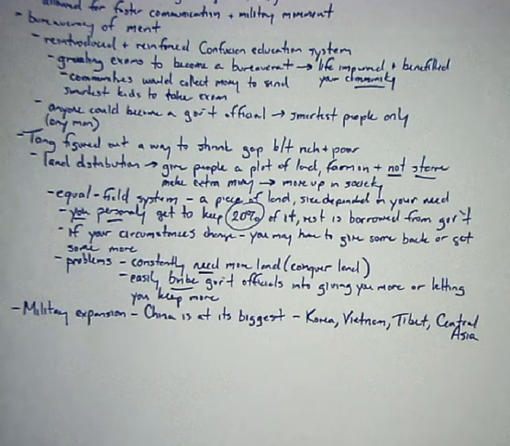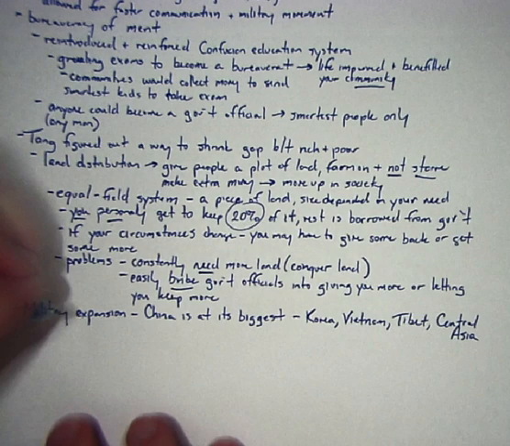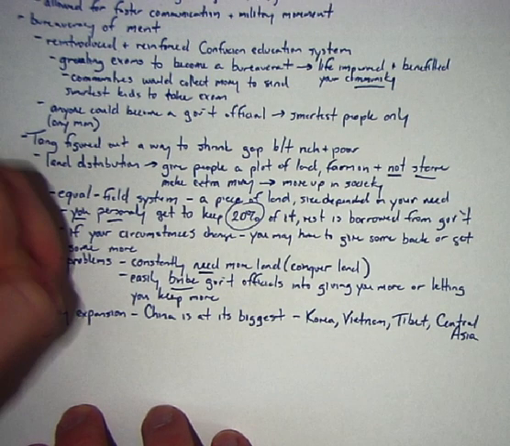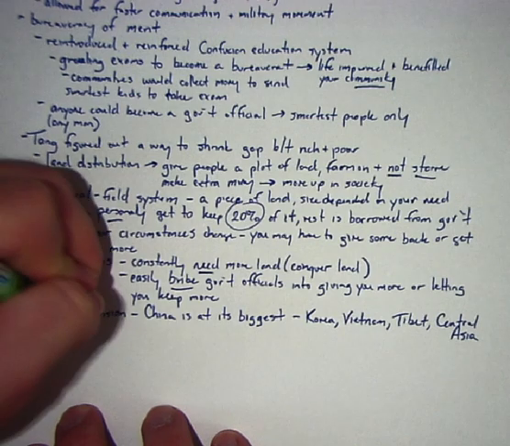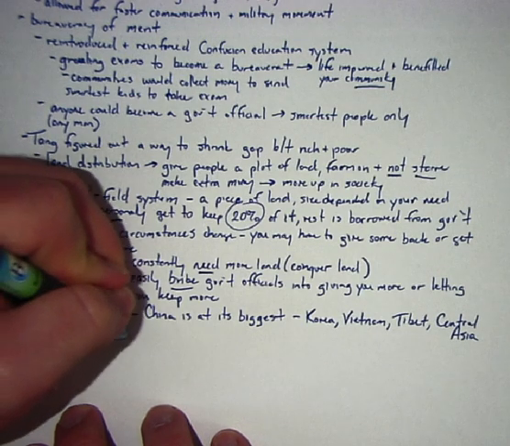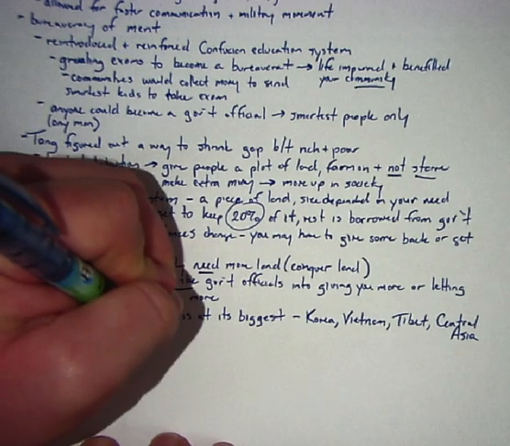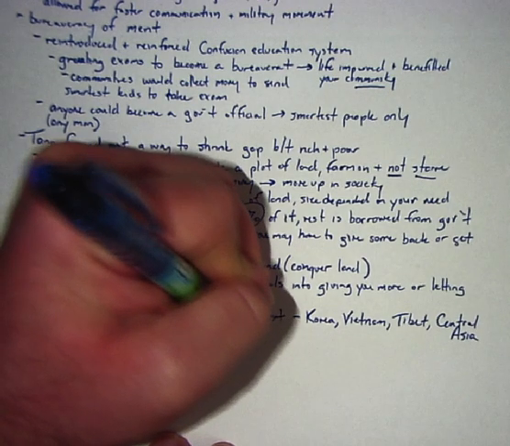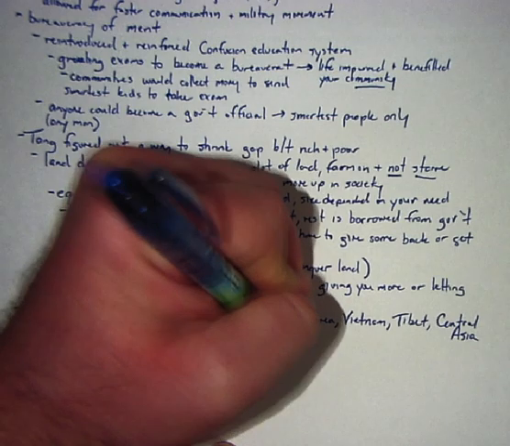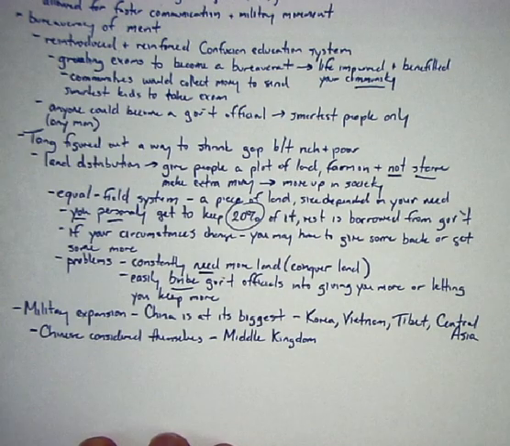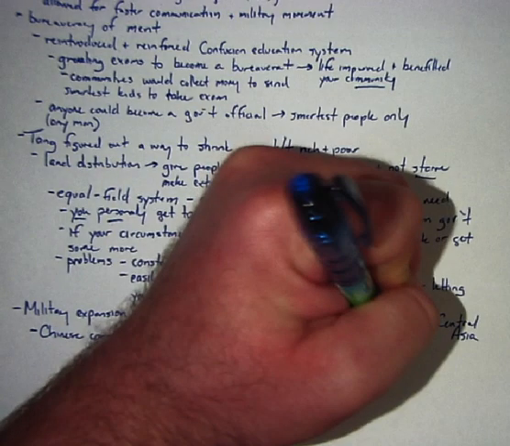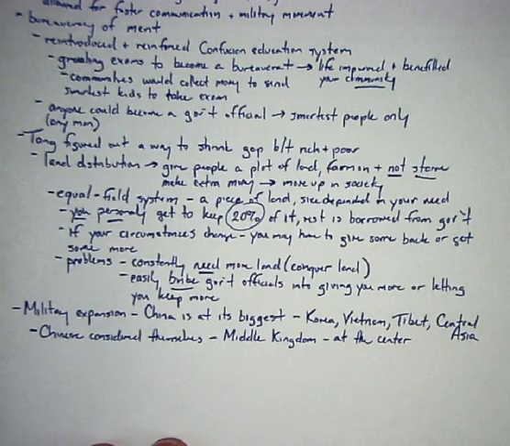Their military success led them to get kind of arrogant. And the Chinese considered themselves to be what was called the Middle Kingdom, meaning that they are at the center of the world.